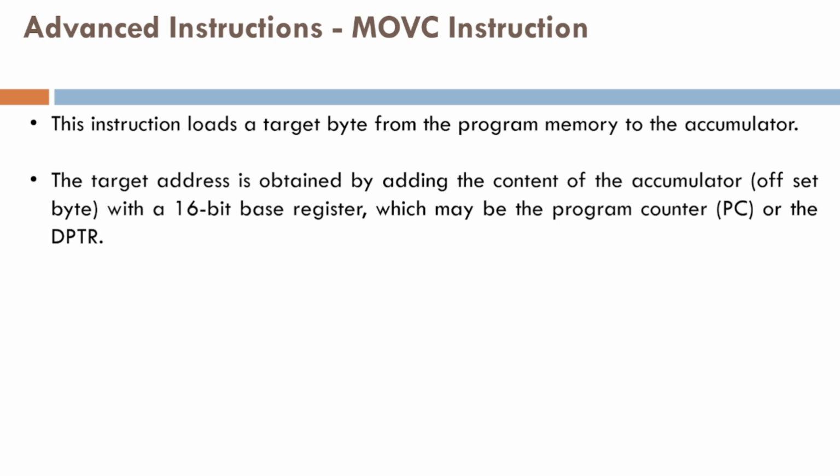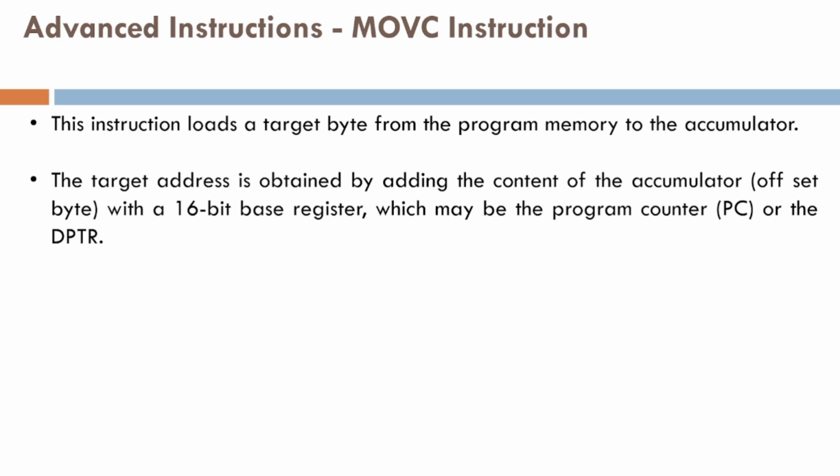It is obtained by adding the present content of the accumulator to a 16-bit base register, which can be the program counter or the data pointer register. So there are two 16-bit registers that we will consider: one is the program counter, another is the data pointer register.